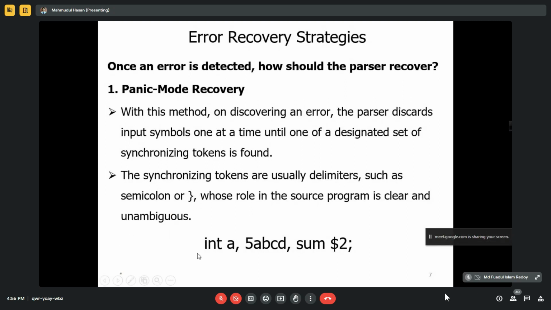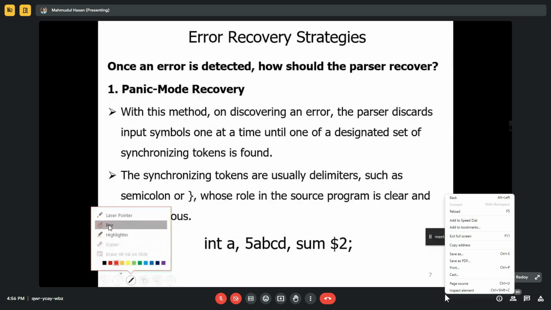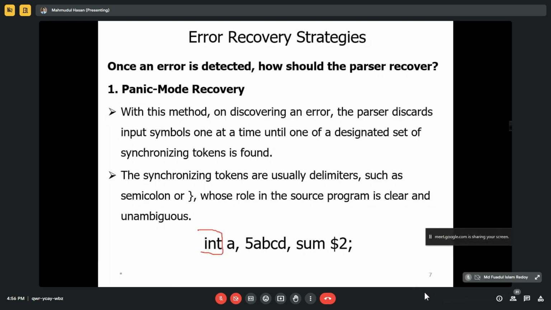And what is happening here? Suppose at first you write this, and this is a data type. We know that after a data type in C or other programs, there should be an identifier. So if you write a data type, then immediately after it you need to write an identifier. Suppose it starts scanning: I, then N, then T. That is okay, no problem.